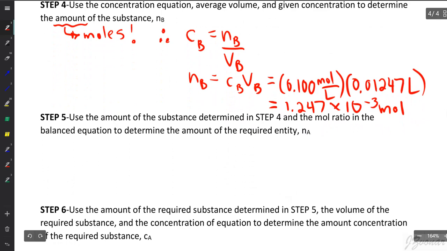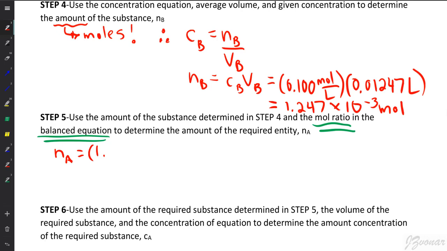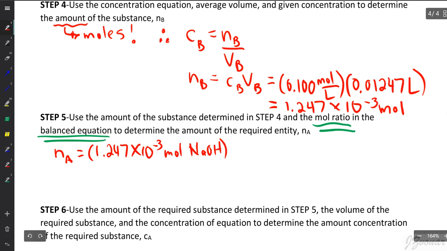Now we're going to use our mole ratio from the balanced chemical equation to determine the moles of the unknown. So to find the moles of my acid, it's equal to the moles that we just found, which is 1.247 times 10 to the negative 3 moles of NaOH, and then we're going to multiply it by our conversion factor from the balanced equation.